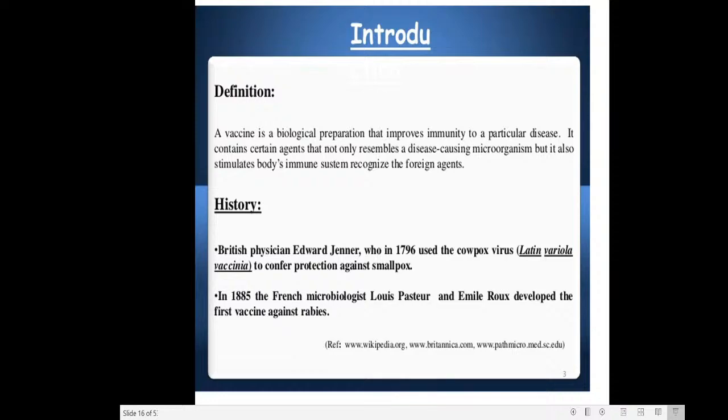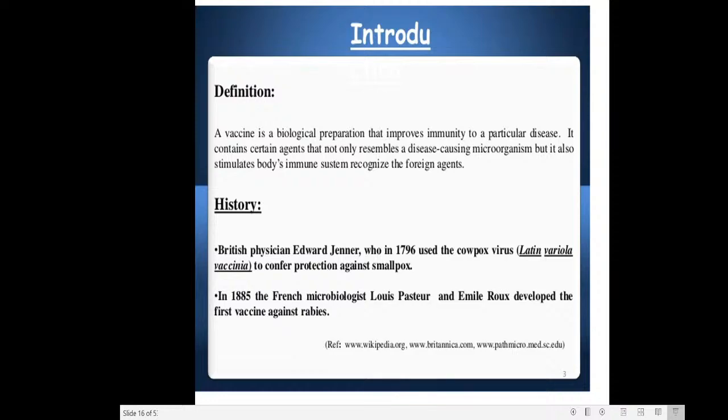This cowpox virus vaccine was produced in 1796. In Latin, variola vaccinia, this virus causes cowpox. So the first vaccine against this virus was produced by Edward Jenner.